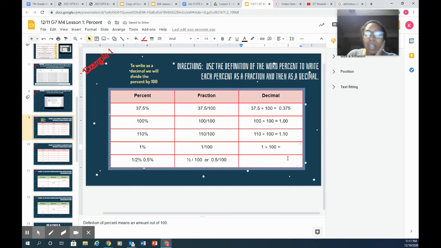So we want that 1 to shift two place values to the right, so it decreases in value. So 1 is no longer going to be in the ones place. We shift the first time, now it's in the tenths place. We shift a second time, now it's in the hundredths place. So what we end up with is 1 hundredth.